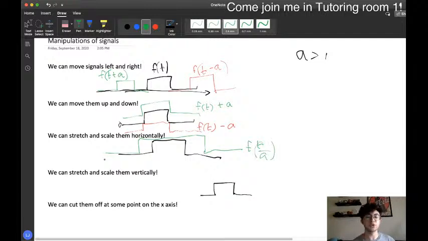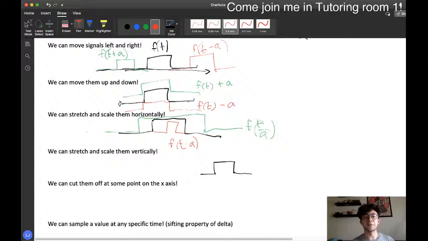And if we wanted to shrink it horizontally, then we would write this as f of t times a. These are all supposed to be the same value, by the way. It's not shrinking vertically.